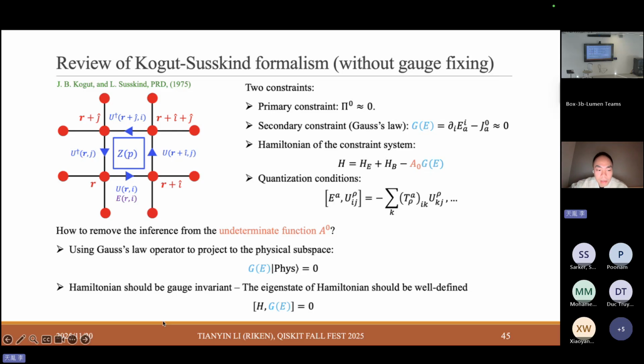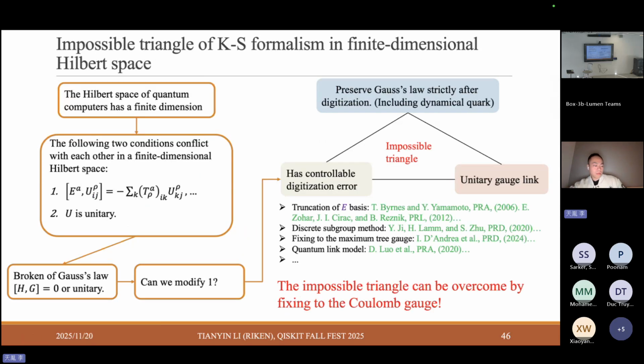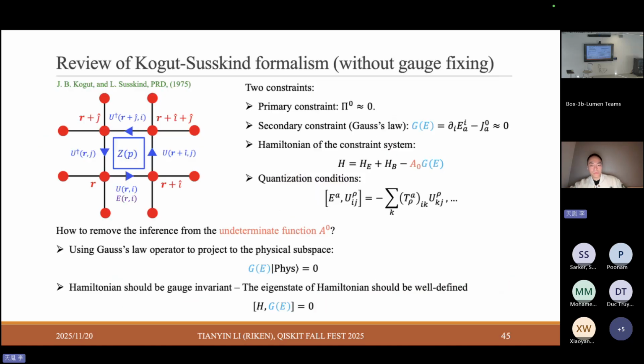And the other thing is that in the Kogut-Susskind formalism, the Hamiltonian should be gauge invariant. That is because they do not do any gauge fixing in this formalism, which means that the Hamiltonian needs to commute with the Gauss's law operator, because the Gauss's law operator is also the generator of the gauge transformation.